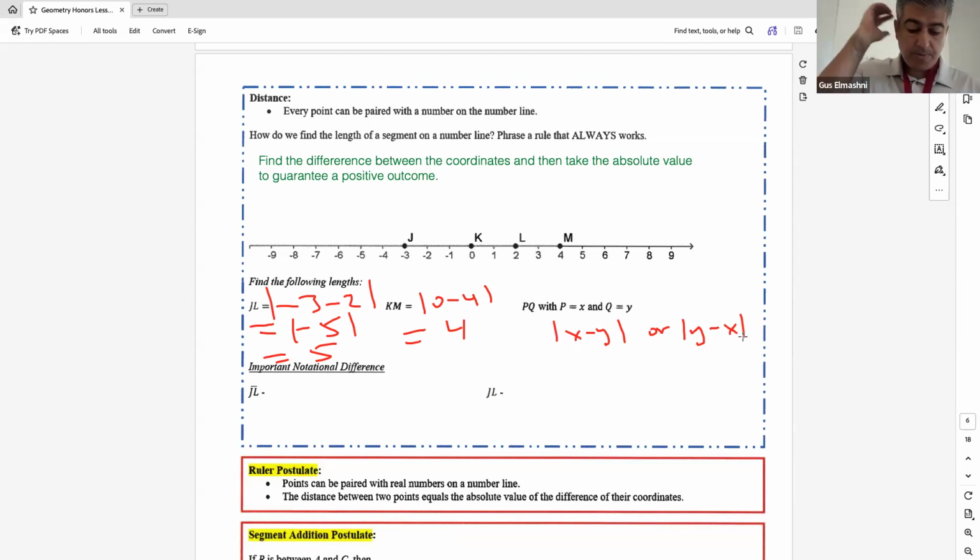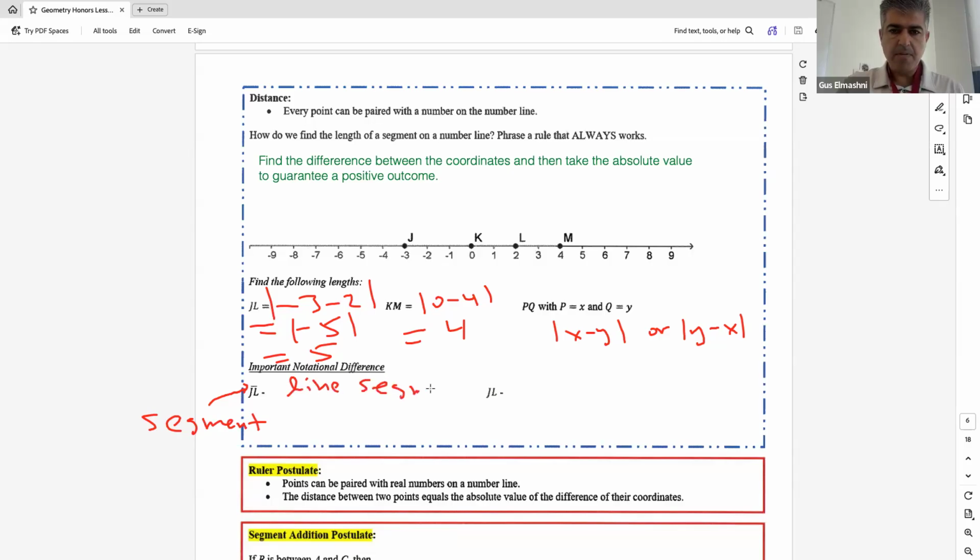An important notational difference too. If you see the segment symbol over the letters, this indicates a line segment. When there's no symbol, it indicates a distance or length.